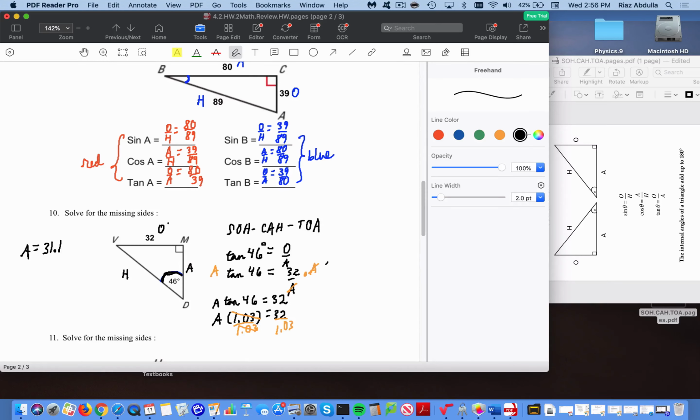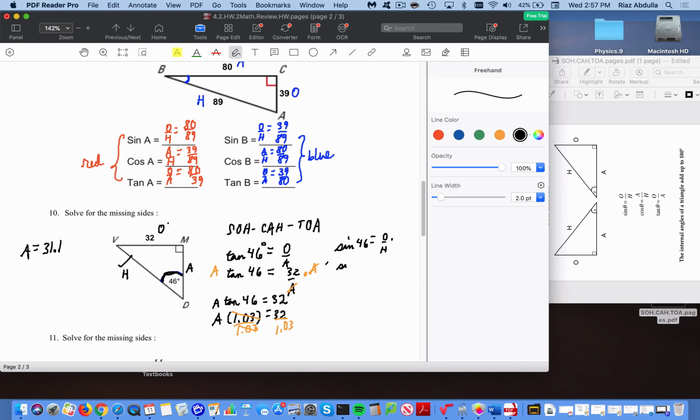Now, let's go ahead and use the sine to get the hypotenuse. So we're going to say the sine of 46 equals the opposite over the hypotenuse. Using a similar process, we're going to isolate H. So we're going to end up, and you know what? I just want to be safe. I don't want there to be confusion when you're looking at this later.